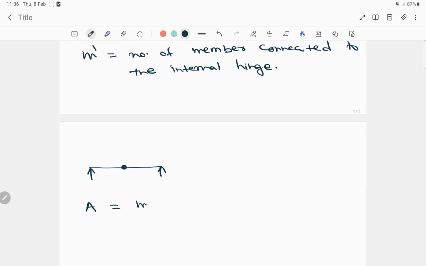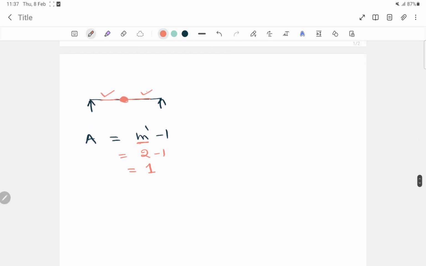We know that a is equal to m dash minus 1. Here m dash means number of members connected to this internal hinge. How many members are connected with this hinge? From this side one member, and from this side 2 members. So there are 3 members connected with this particular hinge. So the value for m dash will be 1 and 2, that is 3, minus 1, that is 2. So here the value of a will be 2.